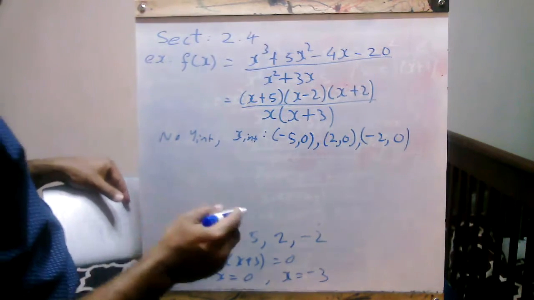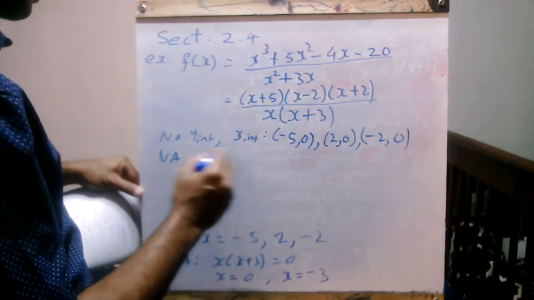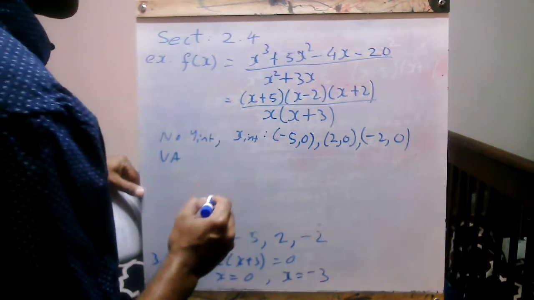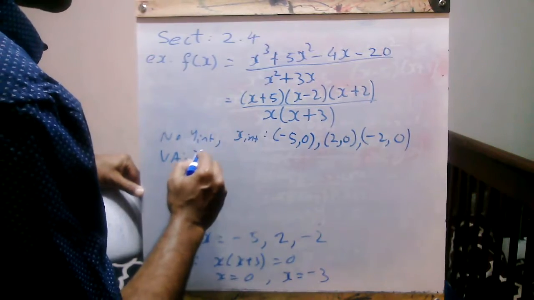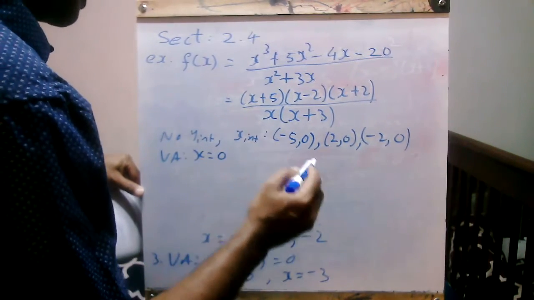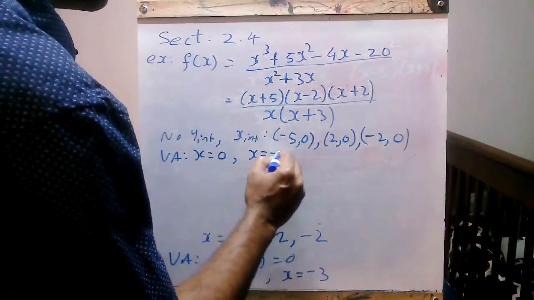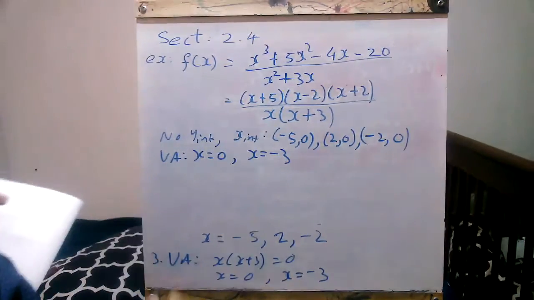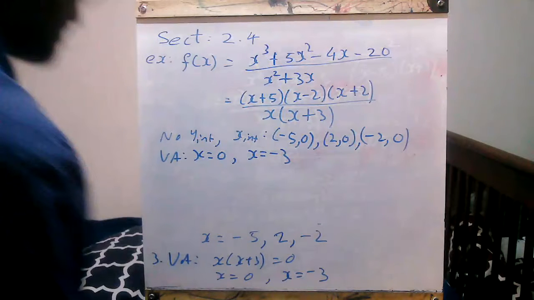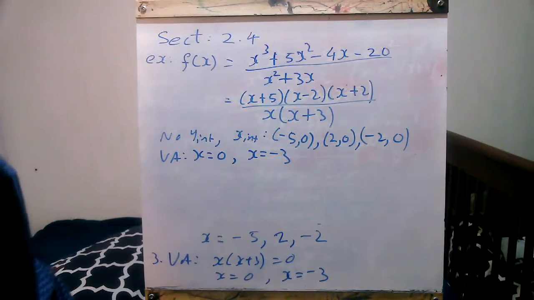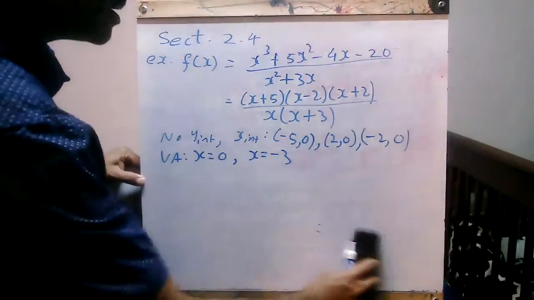We also found it has vertical asymptotes, two vertical asymptotes, x equals 0 and x equals negative 3. Alright, I'm gonna use this.